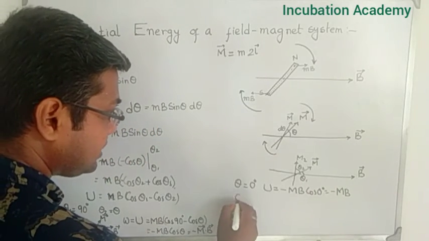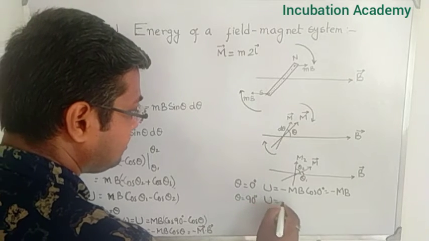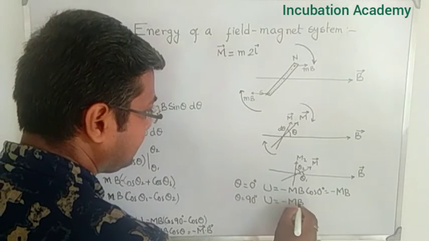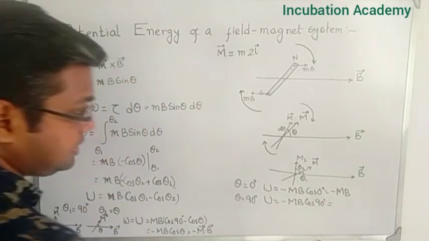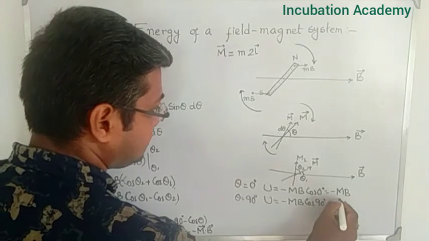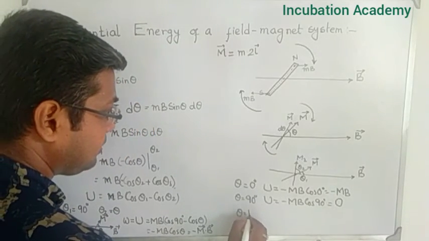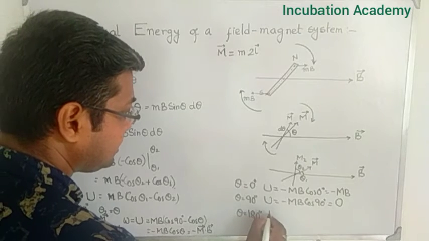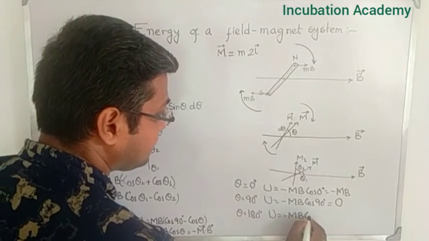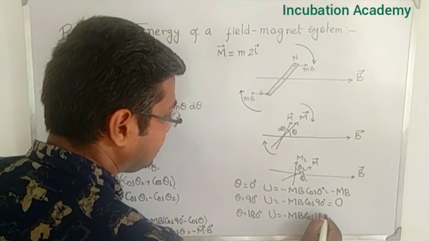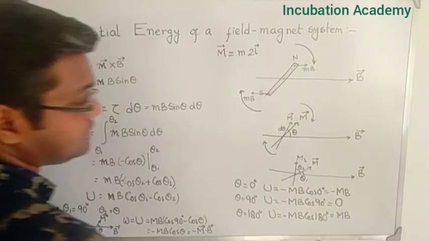And if theta equals 90 degrees, then the expression will be minus MB cos 90 degrees. Cos 90 degrees is 0, so this expression will be 0. If theta equals 180 degrees, then U equals minus MB cos 180 degrees. Cos 180 degrees is minus 1, so it is plus MB.